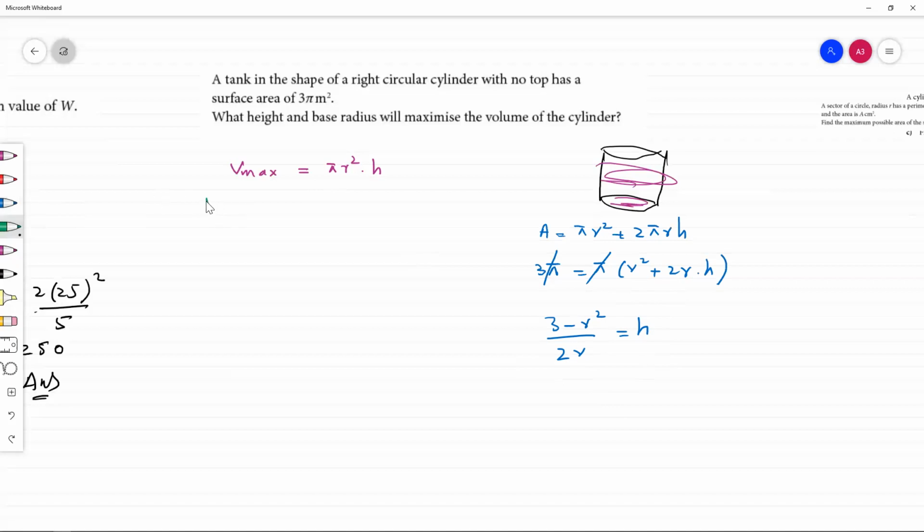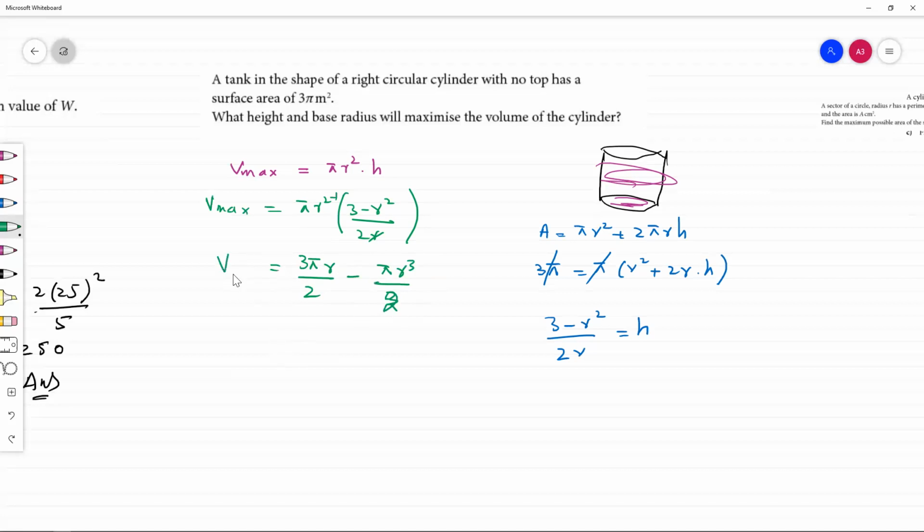It is similar to the example which we solved earlier. So pi r square times (3 minus r square) over 2r. The r can be cancelled with one r. So this becomes 3 pi r divided by 2 minus pi r times r, which becomes pi r cube divided by 2.